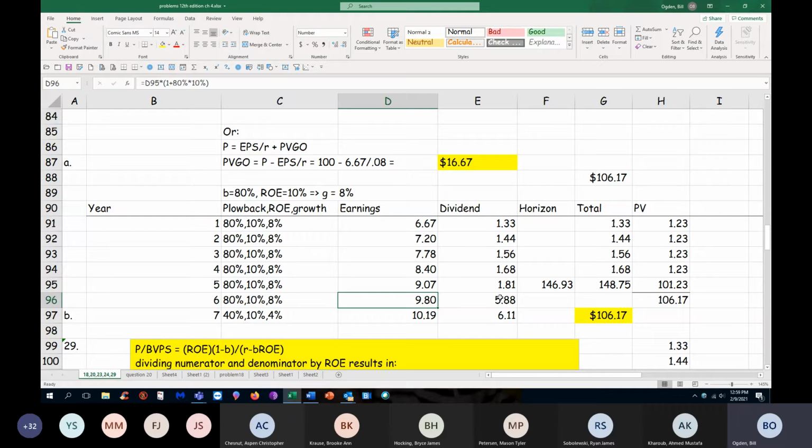Okay, so this dividend, starting in year 6 on, now a couple things happen. Let's take out this 10.19 number for just a moment, and I'll show you how I got it. What happens from year 6 on?